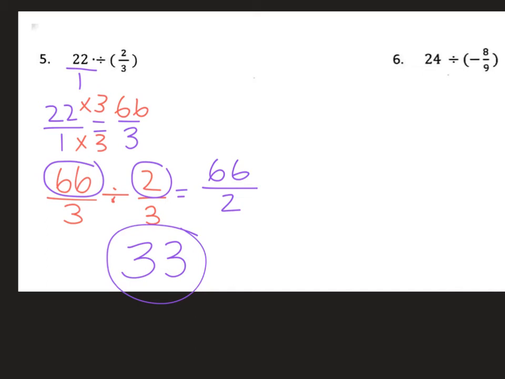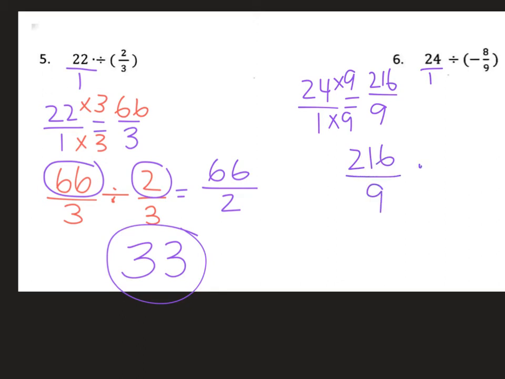Problem number 6, I'm going to do 24 over 1 and work with fractions again. So 24 over 1 needs to become something over 9 to get our common denominator. Well, times 9, times 9. 24 times 9 is 216. So my new division problem would be 216 over 9 divided by negative 8 over 9.